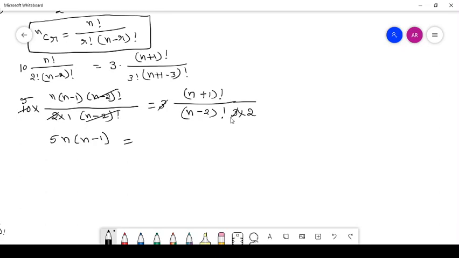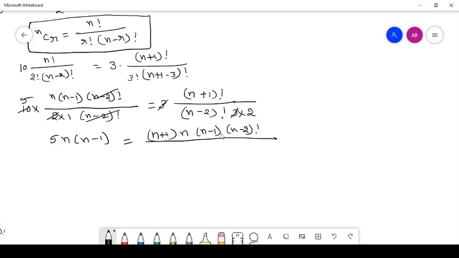3 will be cancelled. Next, (n plus 1) factorial can be written as (n plus 1) into n into (n minus 1) into (n minus 2) factorial, because n plus 1 minus 1 is n.